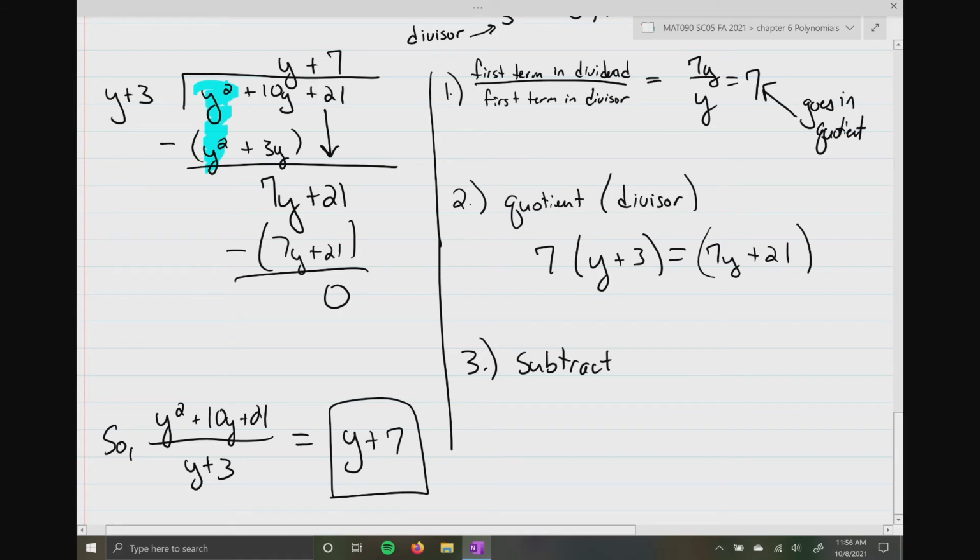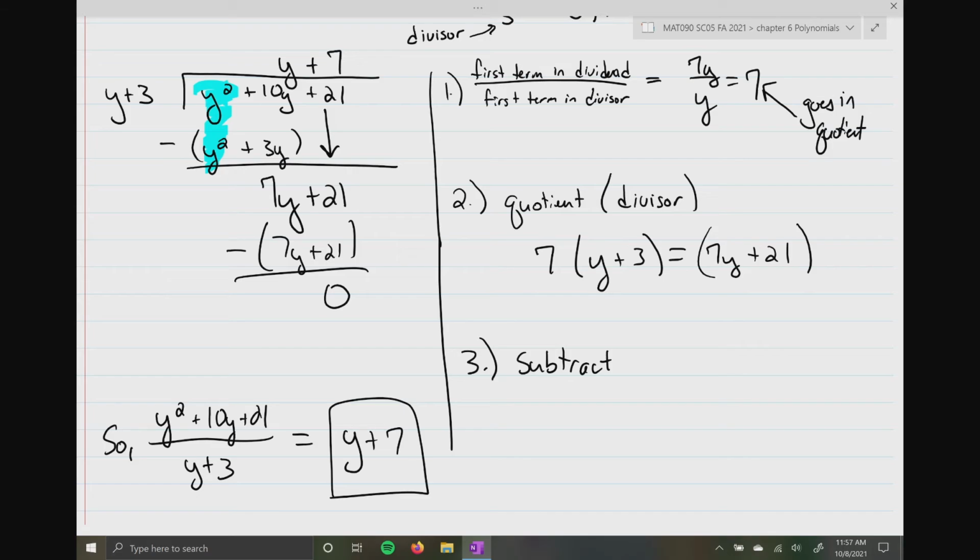Dividing by a binomial or a trinomial, very intense. It's tedious. You can easily make a mistake. So what you want to be able to do is kind of have a game plan going in. Does that make sense, everyone?